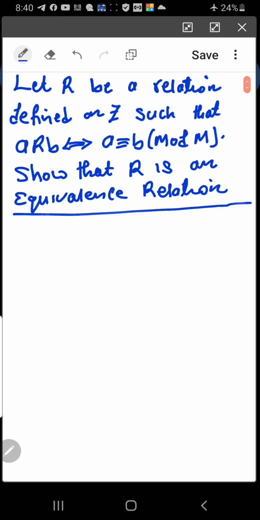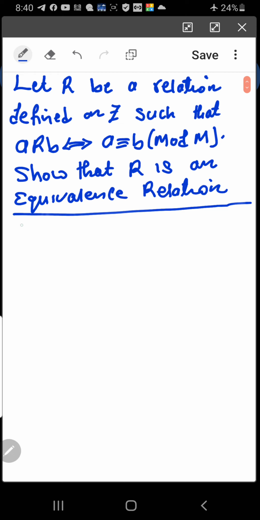As we all know, a relation defined on a set is an equivalence relation if on that set that relation is reflexive, symmetric, and transitive. So we will show here that A relating B if and only if A is congruent to B mod M is reflexive, symmetric, and transitive.